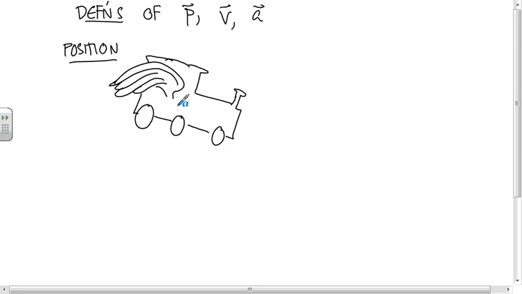Well, right now, until we choose an origin for a coordinate system and an orientation for the coordinate system, we don't have any point of reference for this. But once we choose, let's say, this is where the origin is going to be, and the x-axis is going to be this way, and the y-axis is this way.